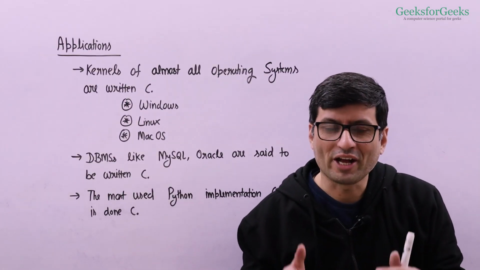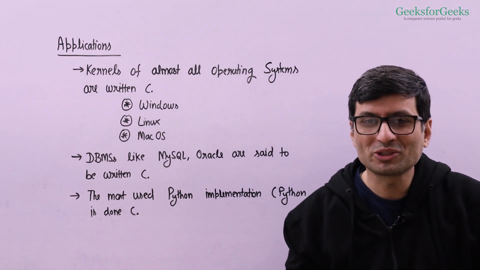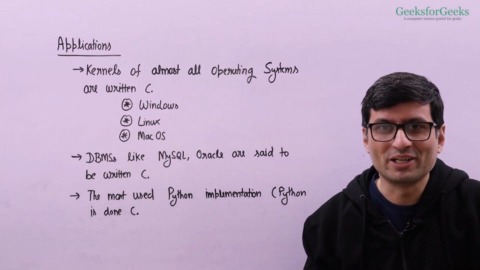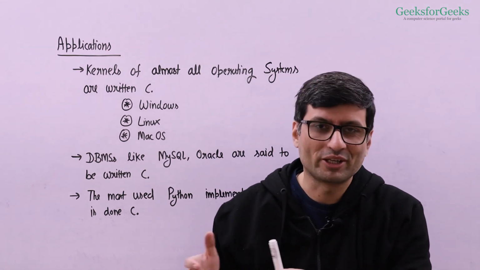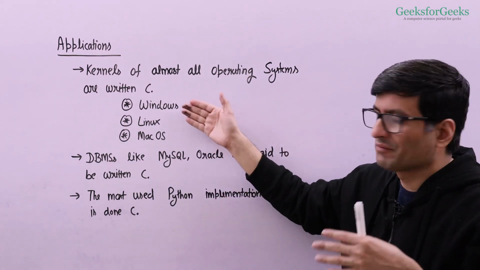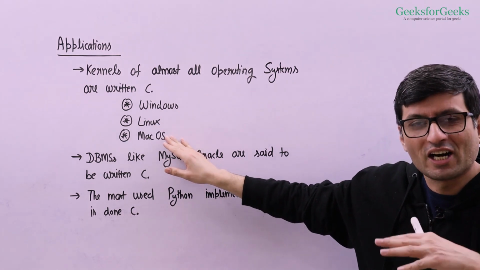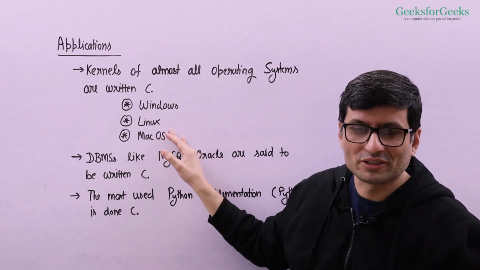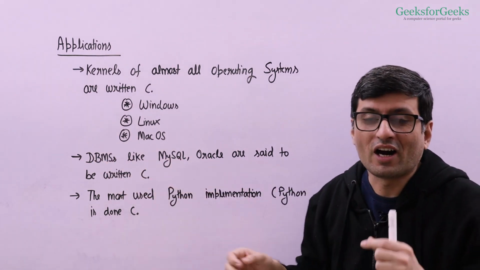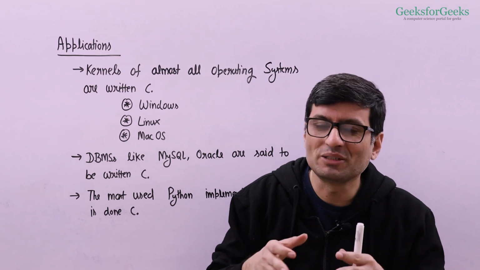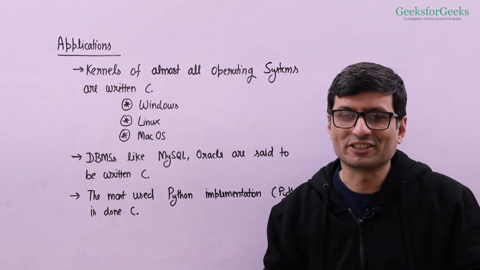Let's now talk about applications built in the C programming language. Almost all operating systems are built in C. See, the kernel is the core of an operating system, and the kernels of Microsoft Windows, Linux, Unix, and Mac OS are all written in C. Database management systems like MySQL and Oracle are also said to be written in C. Not only this, Python is very popular these days, right?